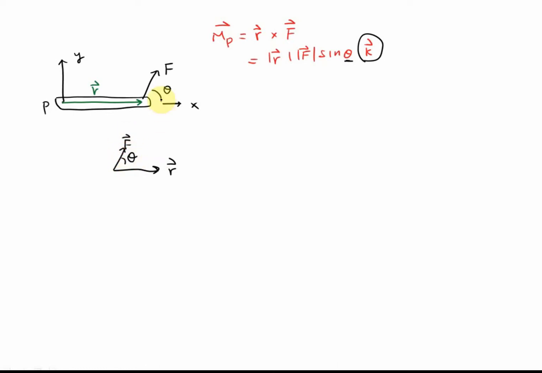So the angle between them should be here, not here. So this is alpha. Let me draw this one again: this is the r vector, and this is f, and this is theta, and this is theta, like that.